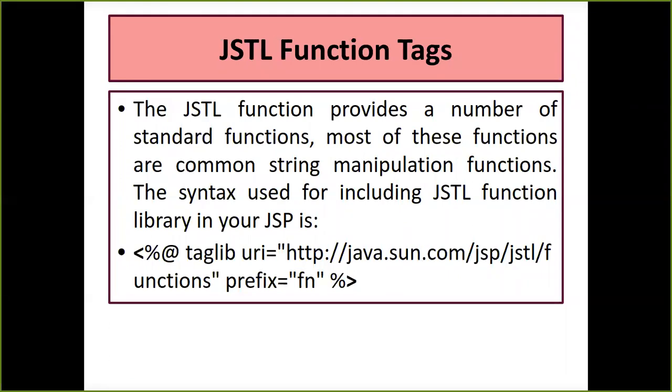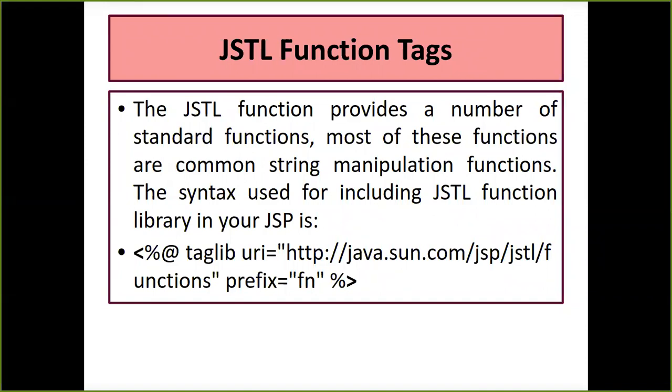Now, this was all about your core tags. So the first main tag, the core tag, we have completed. Now we are moving towards your JSTL function tags. What is the function tag going to help us with? It provides a number of standard functions, and most of these functions work with strings. If you remember, we had a chapter where we found the string length, trimmed the white spaces, and made the string uppercase or lowercase.